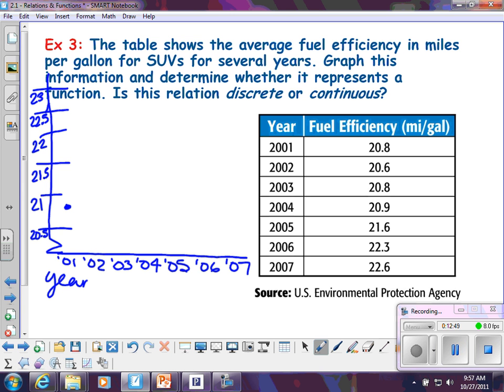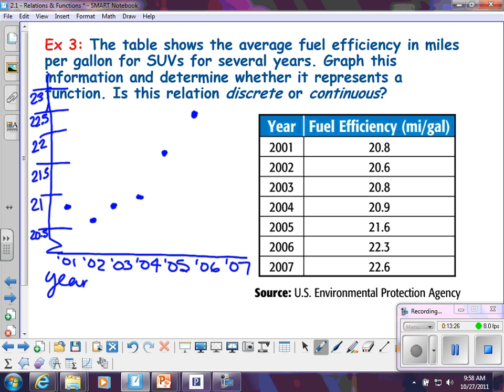Okay. 02 goes with 20.6, so it's going to be lower than that. 03, again, right? 04, 20.9, so it's going to be a little bit higher. 05, 21.6, so it's going to be above this line right here. 06, 22.3 is going to be up here.